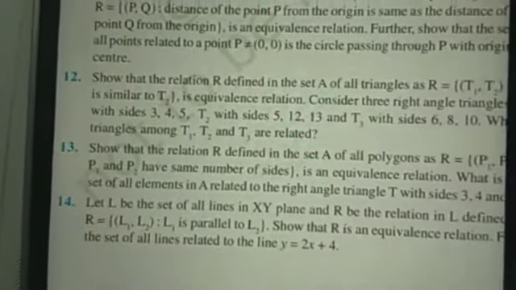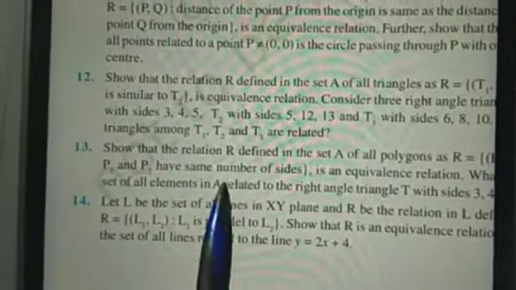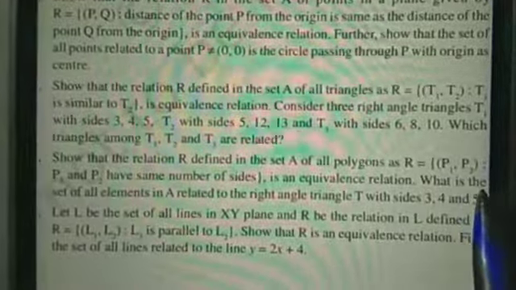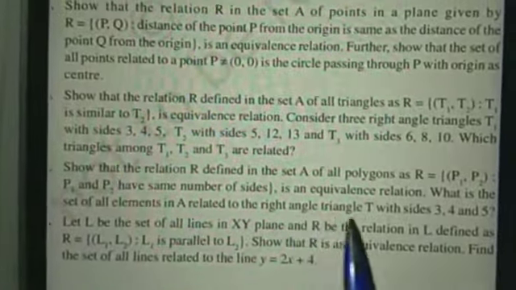Now this sum 13 is given as: show that the relation R defined in the set A of all polygons, as R is the set of ordered pairs (P1, P2) such that P1 and P2 have the same number of sides, is an equivalence relation.